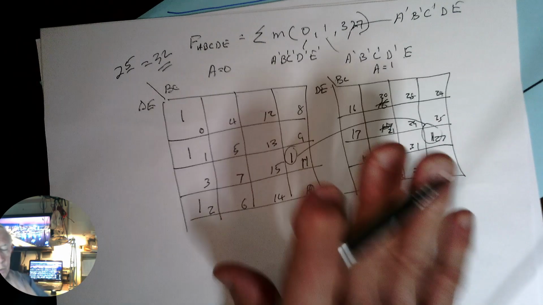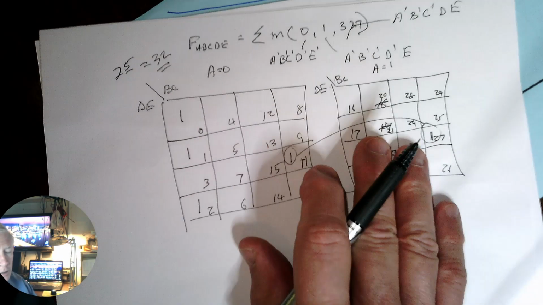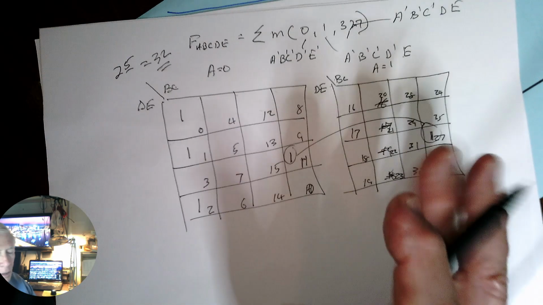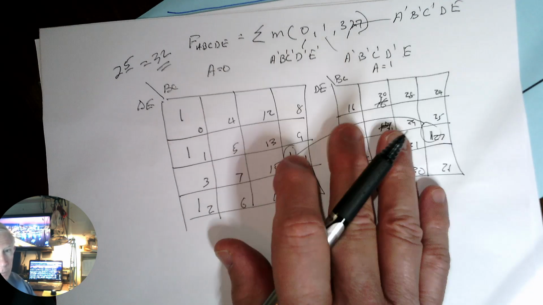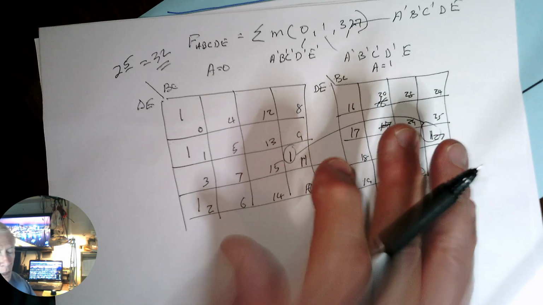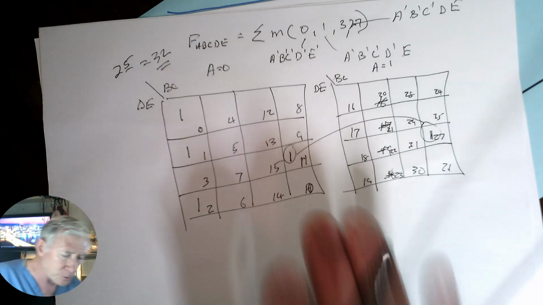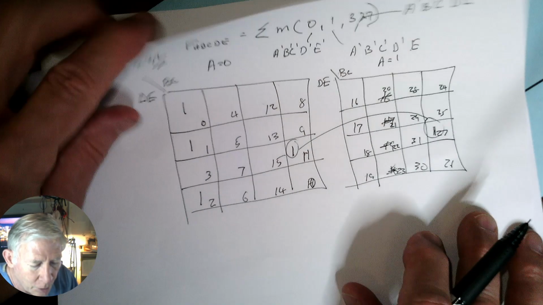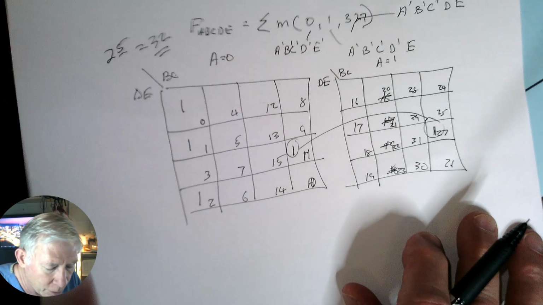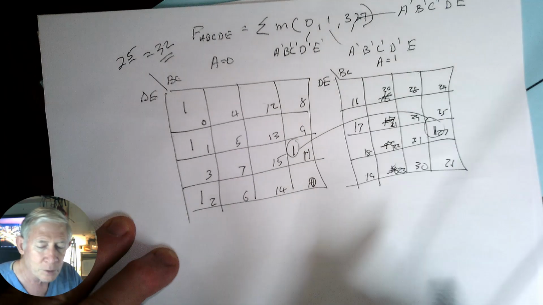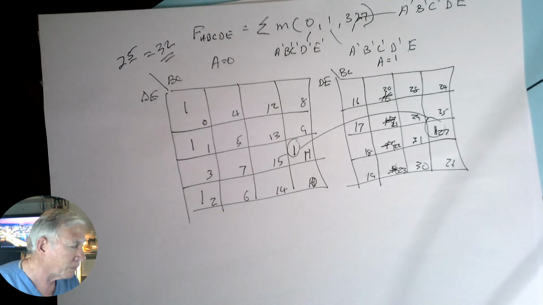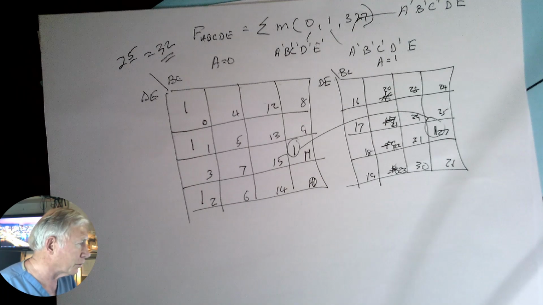So this is the way to do a 5-variable map. A 6-variable map is crazy, and we're not even going to do anything with 6 variables. Once you get past 5 variables in the K-map world, you're kind of done. It's better to get a computer-based tool, machine calculated.